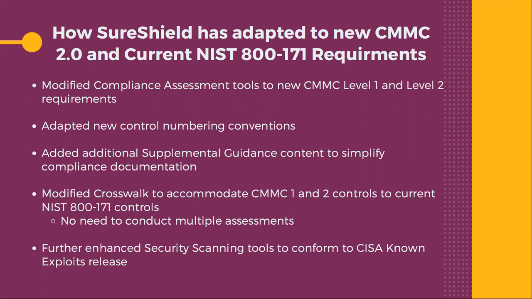So we modified our compliance assessment tools to the new CMMC level 1 and level 2 requirements. The level 3 have not yet been out, but we're fully prepared for that because it's just an extension of additional controls off of the NIST 800-172, which we at SureShield already have. It's just a matter in understanding what controls from that will be added to it.